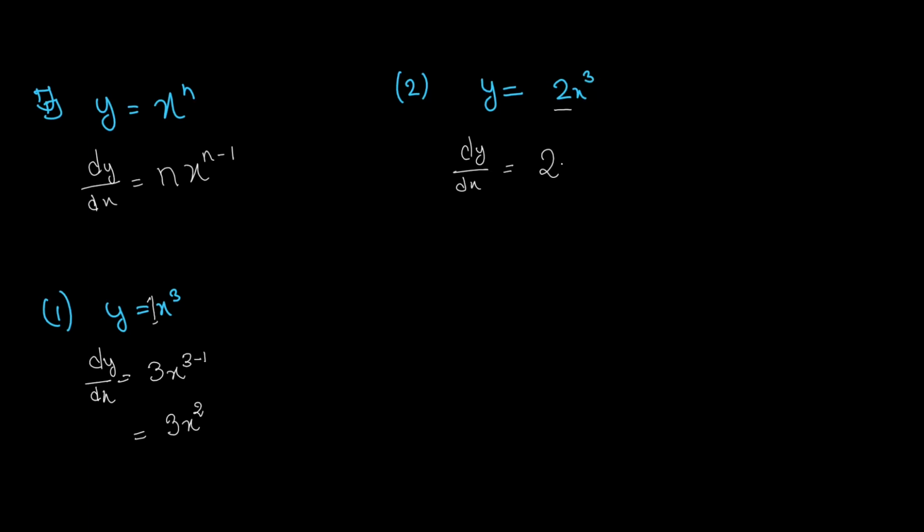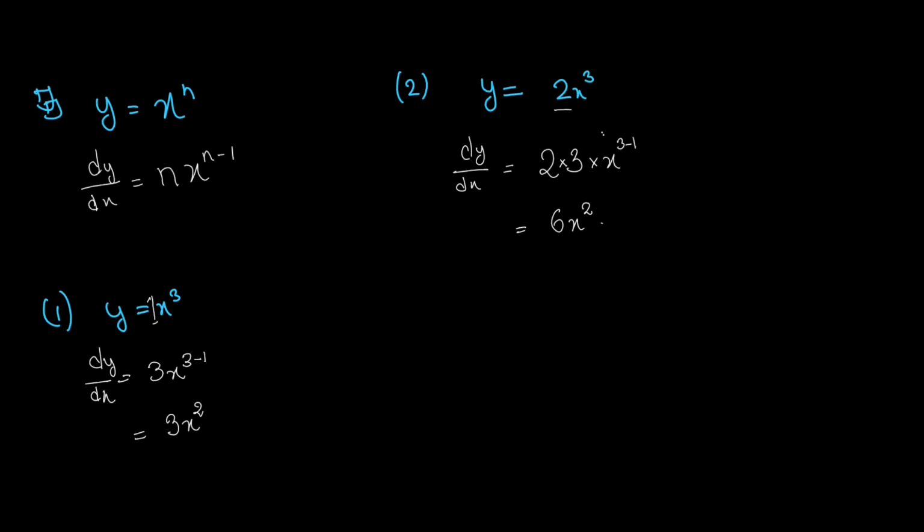We'll bring 3 to the front, so we'll get 3, and then we'll have x. We have to decrease the power of x by 1, so 3 minus 1. If you simplify, 2 times 3 gives us 6, and x to the power 3 minus 1 gives us 2. We'll have 6x squared. So this is our final answer for this question.